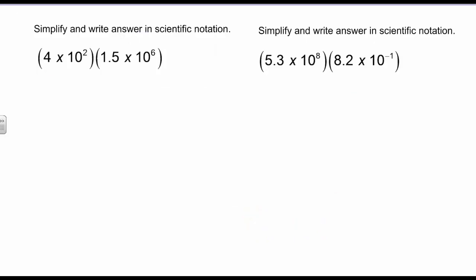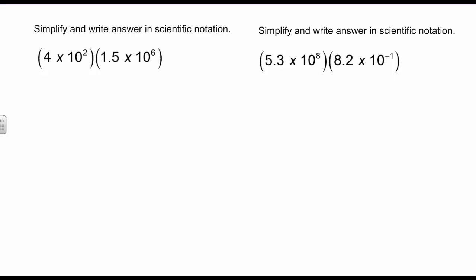Now, the next thing we're going to do is simplify multiplications using scientific notation and write our answer. Now, I don't recommend putting these numbers in standard form, multiplying, and then putting them back in scientific notation.